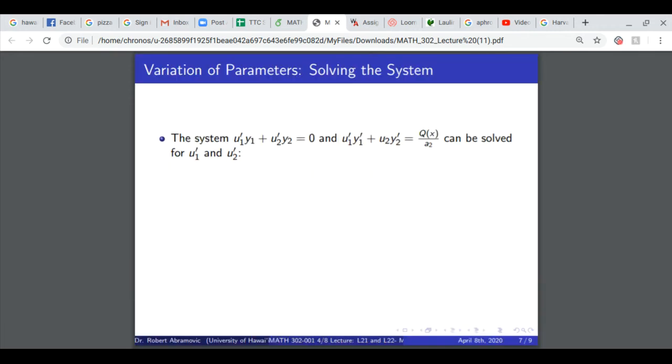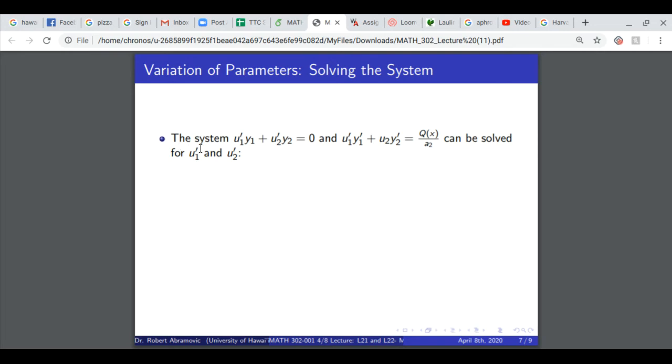Here's how we solve the system. We have this system of two equations: u1 prime y1 plus u2 prime y2 equals 0, and u1 prime y1 prime plus, this should have been, u2 prime y2 prime is q of x over a2.